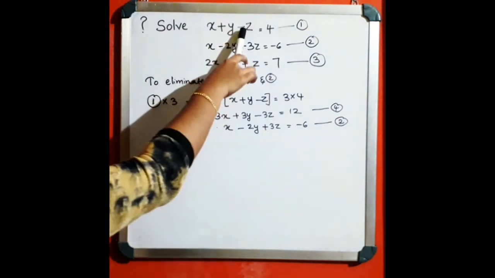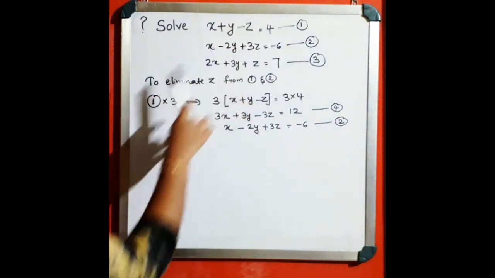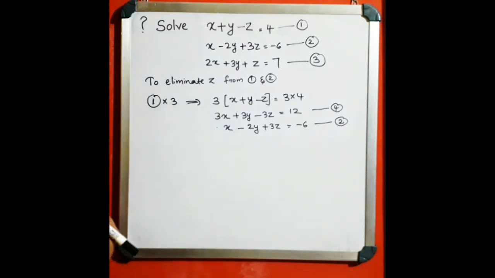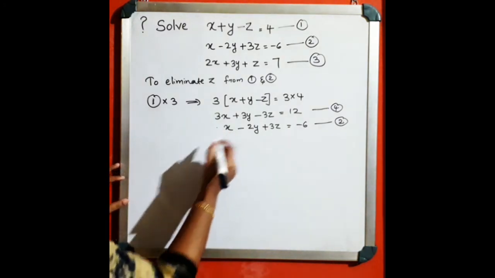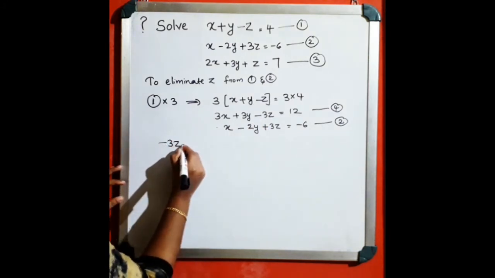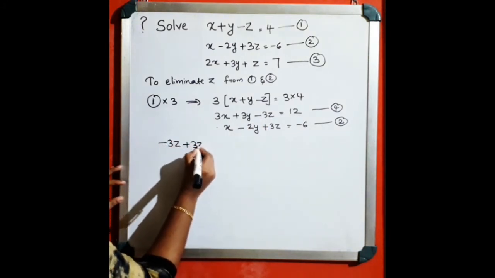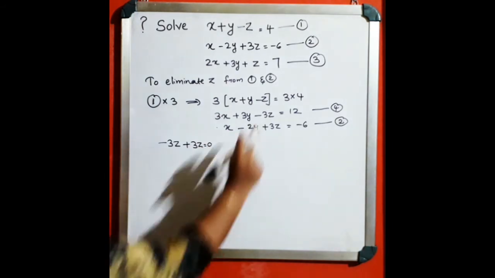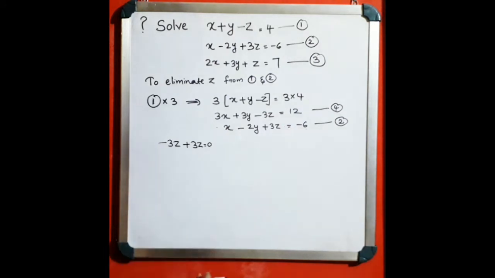Here the coefficient of z is 3, so there is no need to multiply equation 2. Also we know that minus 3z plus 3z is 0. So to eliminate z, just add equations 4 and 2.